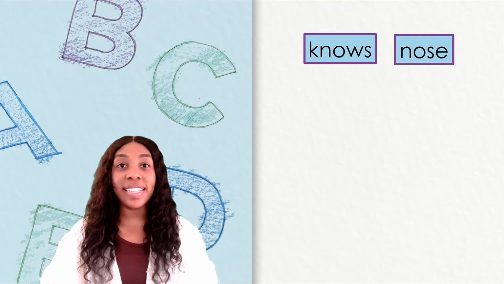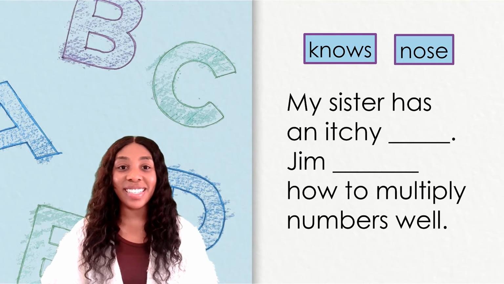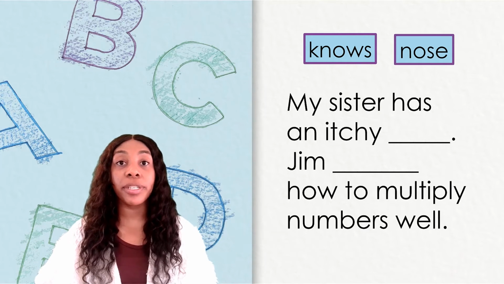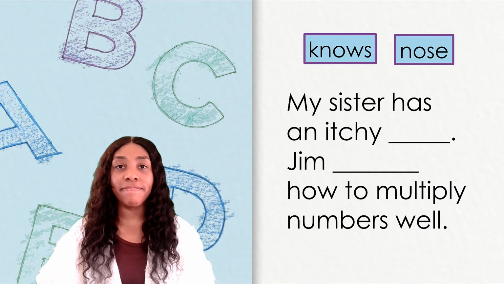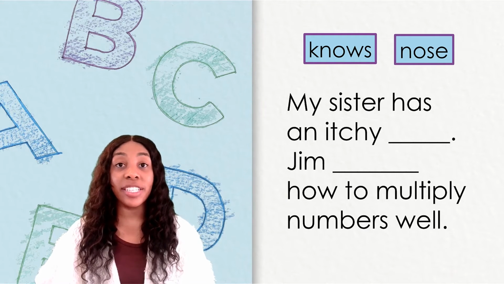Let's take a look at a sentence to see which nose belongs in each of the blanks. Here's our sentence. My sister has an itchy blank. Jim blank how to multiply numbers well. Can you help me figure out which word belongs in each blank?